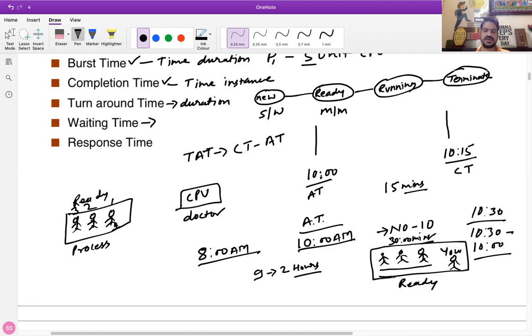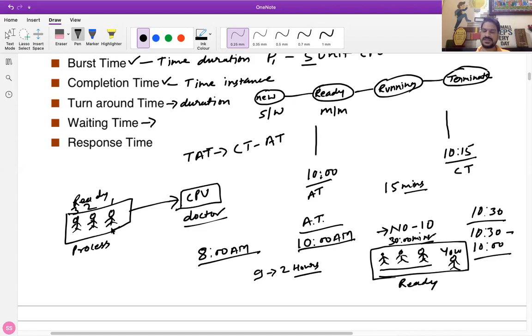Process 1 will get the CPU, meaning it is getting the doctor. The doctor inspects, and after some time tells that patient to give blood to the receptionist.